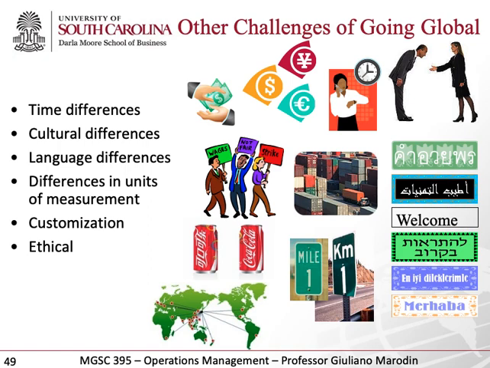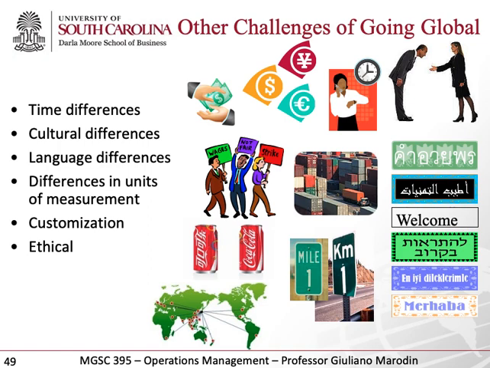Cultural difference, of course, is very important. You need to know the culture of places, and they have very, very different cultures. Language barriers: although English is the business language and people know it at a certain level of management, at other levels it's more difficult, and it also depends on the country you're talking to.